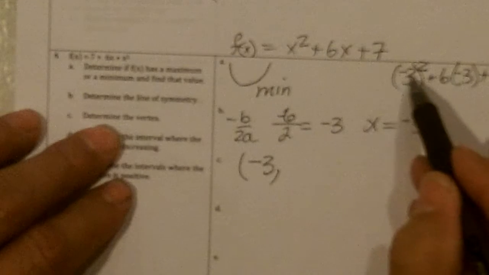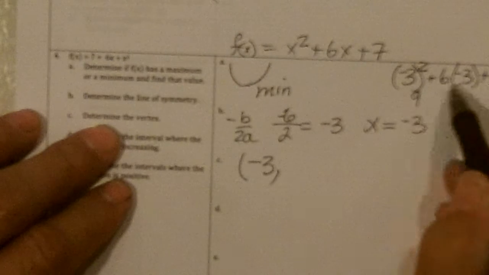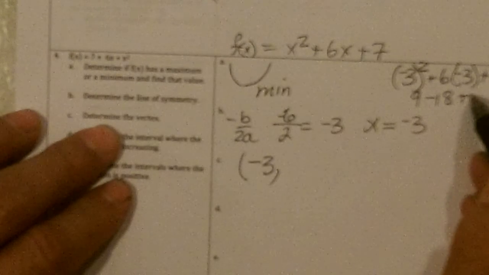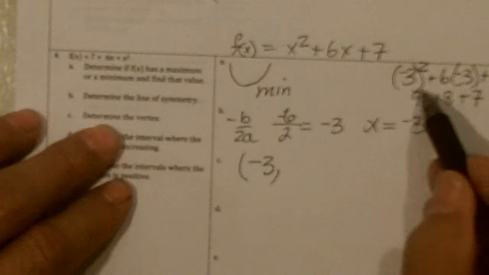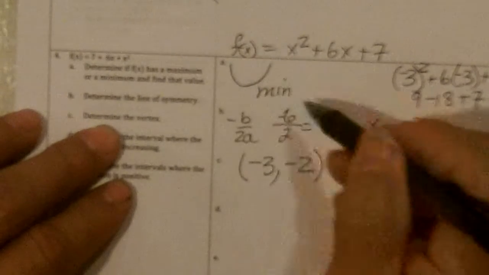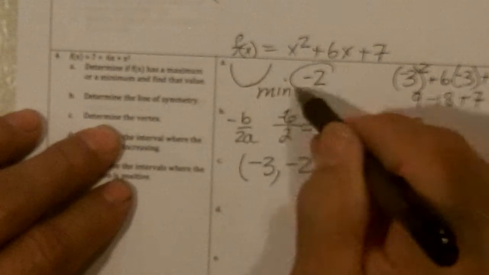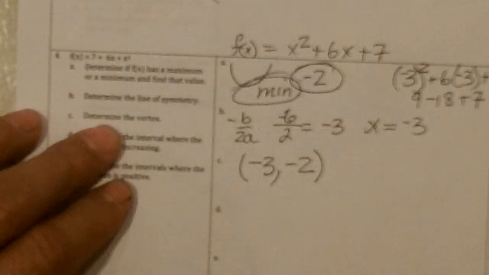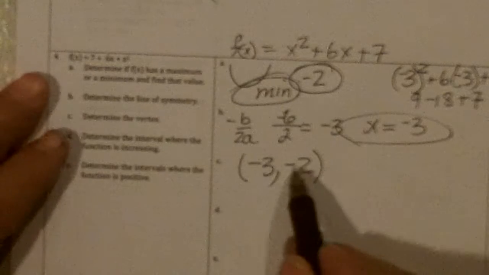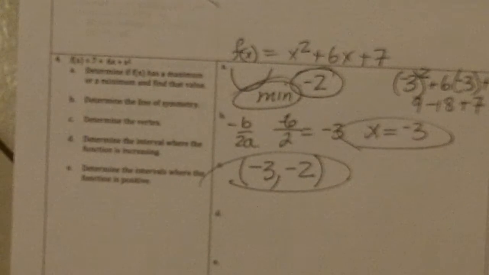So negative 3 times negative 3 is 9. Negative 3 times 6 is minus 18, plus 7. That's negative 9 plus 7, which is negative 2. So the minimum is negative 2. The line of symmetry is x equals minus 3. The vertex is (-3, -2).